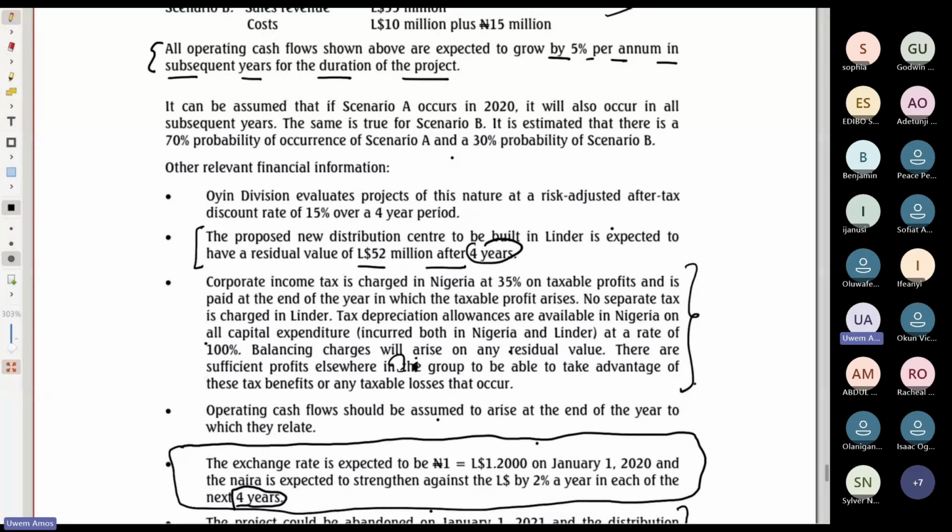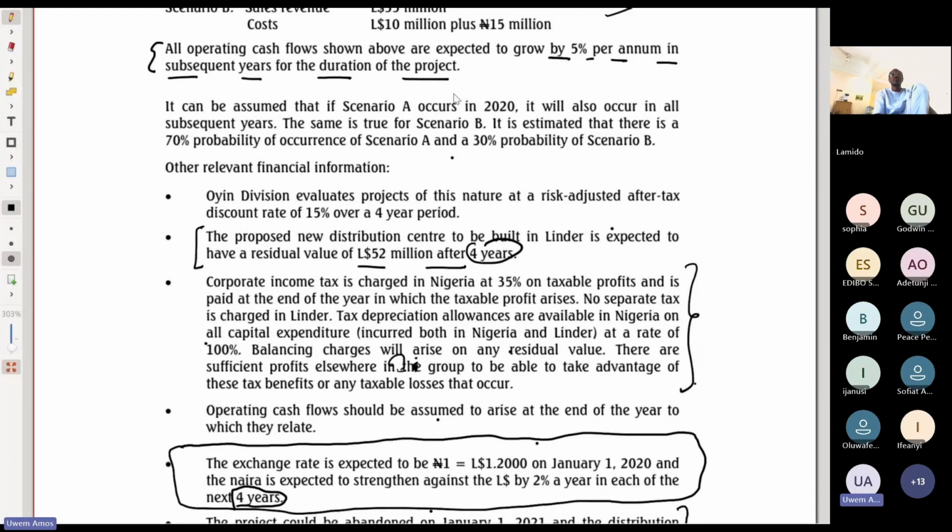Tax depreciation allowances are available in Nigeria on all capital expenditure incurred both in Nigeria and in Linda at a rate of 100%.